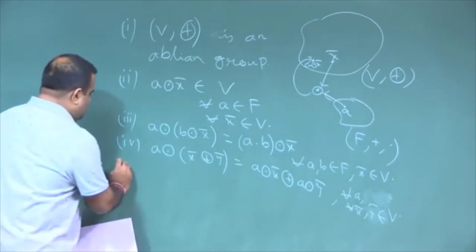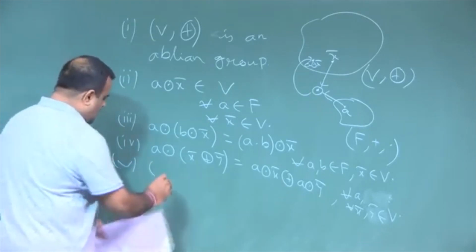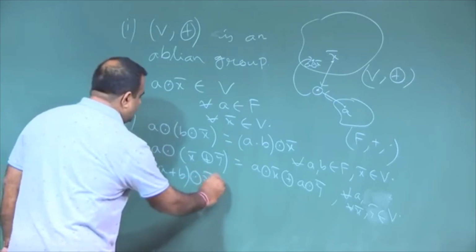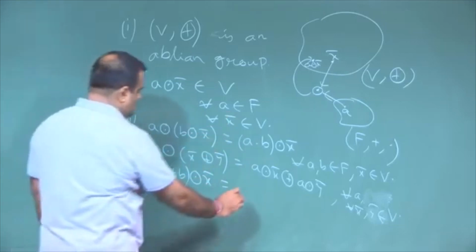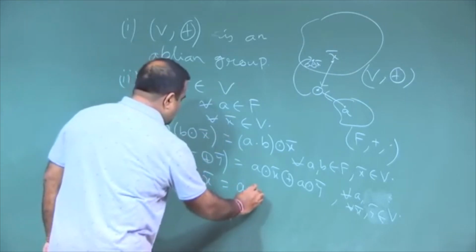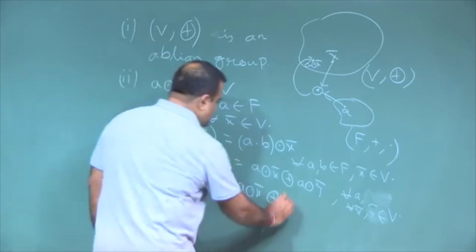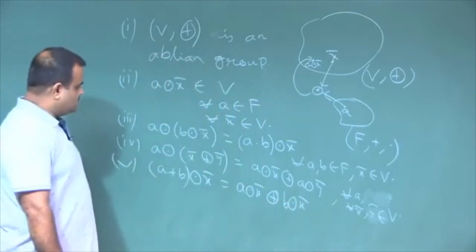Now, another property is, say A plus B, where this is the field plus, and we operate with some vector x. This will be equal to A operated with x, this is the vector plus, B operated with x. Okay.